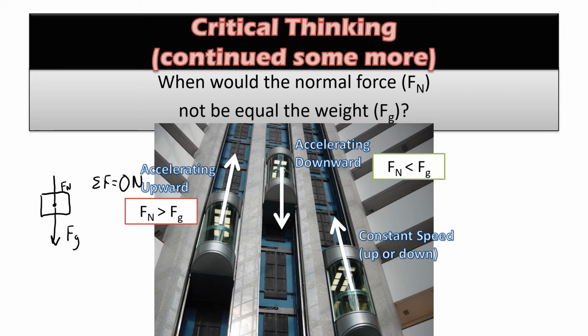I tried to draw that equal sized. Okay, because remember, a force is a vector, and we're talking magnitude and direction. So you can use your free body diagram and try to draw it somewhat to scale to help you think about the magnitude and direction of these things. So yeah, the normal force is equal to the weight if you're moving at a constant speed because you're not accelerating and there is no net force.